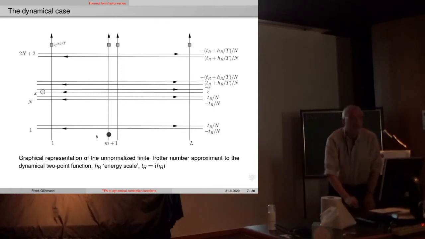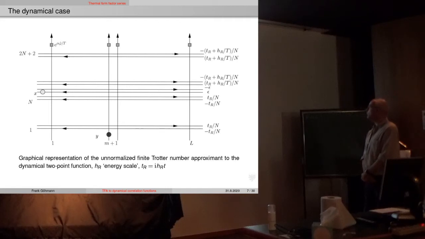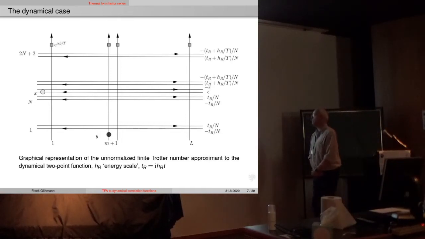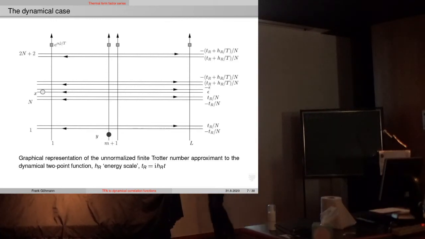Okay, so I'm still in this extended introduction. This can be extended to the dynamical case. So here's the graphical representation of a total discretization of a dynamical correlation function. This lower part, so here are my two operators, y and x.